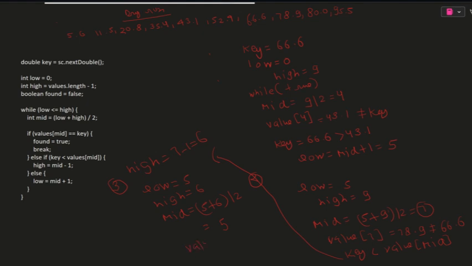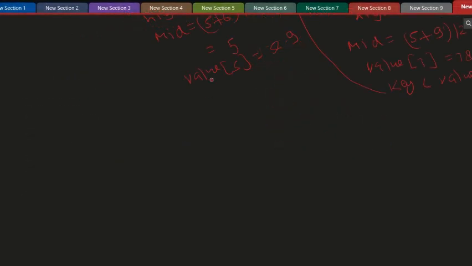We will find the value at index 5, that is 0, 1, 2, 3, 4, 5, that is 59.5, which is not equal to our key, and key is greater than 59.5. So our low equal to mid plus 1, that is equal to 6.